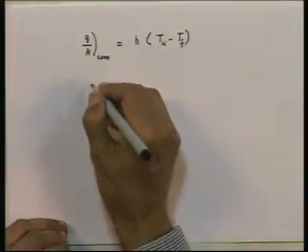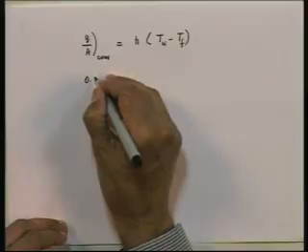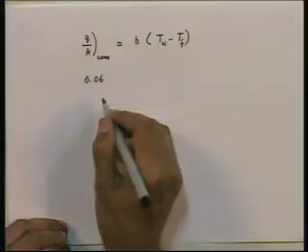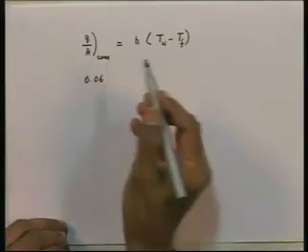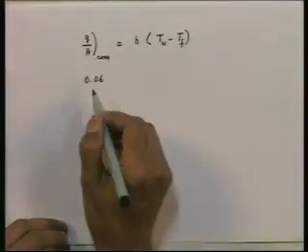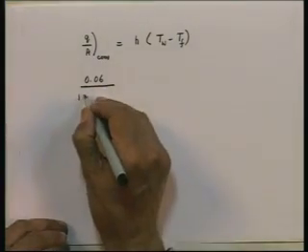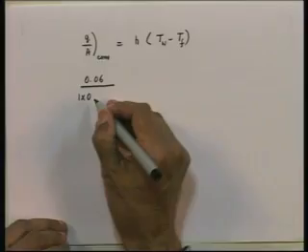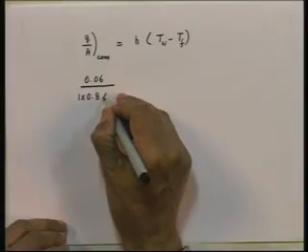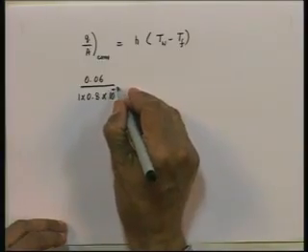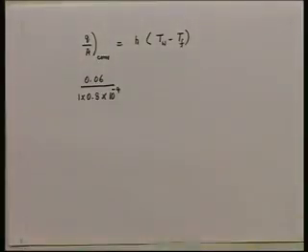So, if I simply substitute the data, I will get 0.06 watts. I am assuming that heat loss by radiation can be neglected, so 0.06 is all lost by convection. So, 0.06 divided by 1 into 0.8 square centimeters, into 10 to the minus 4 gives me square meters.